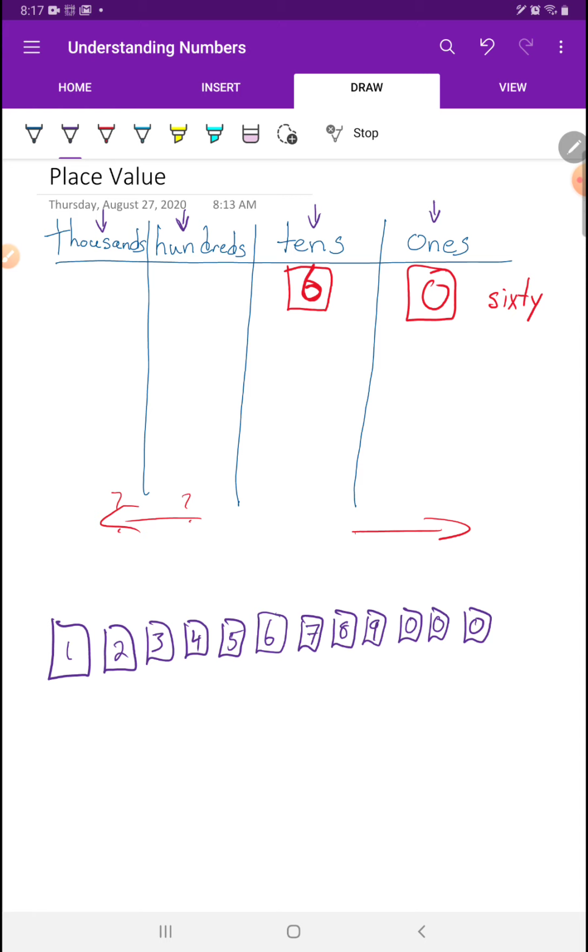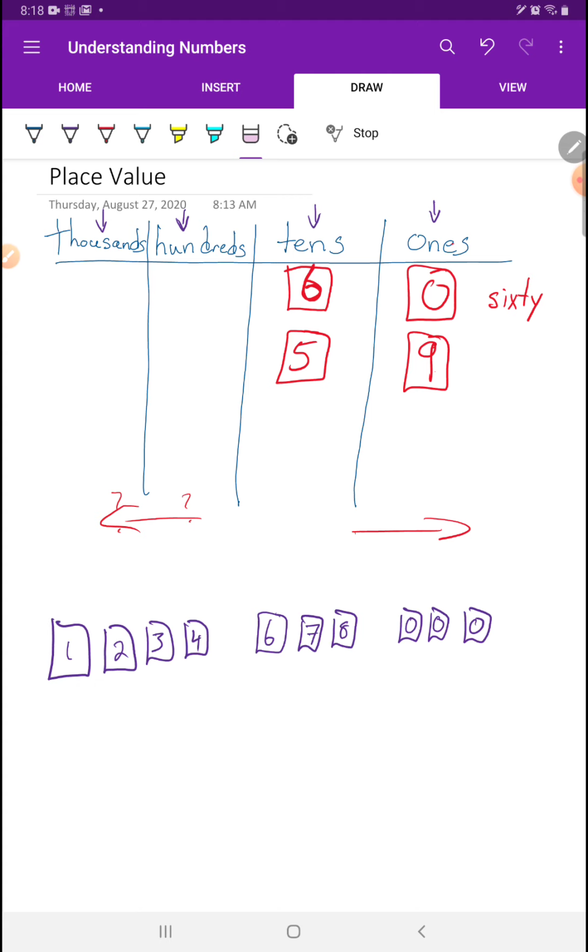Or let's say I want you to make a number that has 9 ones. So I take the 9 and I put it up here in the ones place because I said 9 ones. So the 9 has to go with the ones spot. And I want you to have 5 tens. So I take the 5 and put it up here in the tens spot because 5 tens. Remember I said 9 ones, 5 tens.